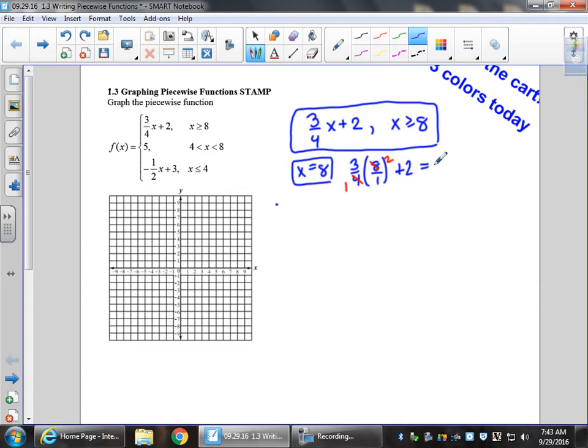Yes, it does. 6 plus 2 equals 8. My ordered pair? 8, 8. Good. Now I need a value greater than 8.